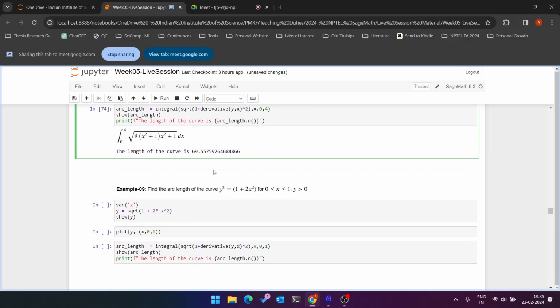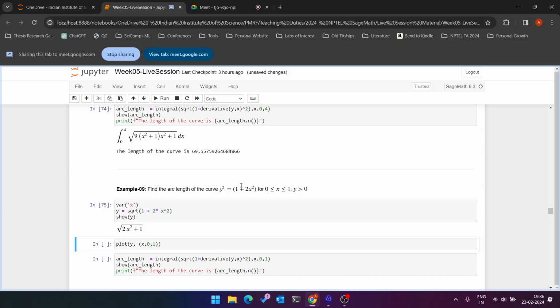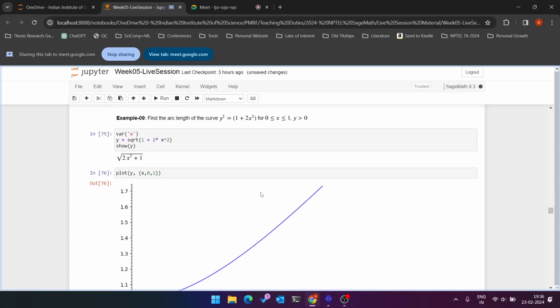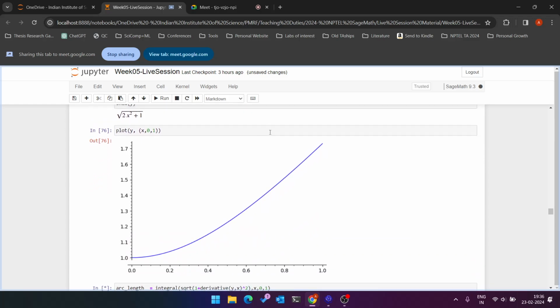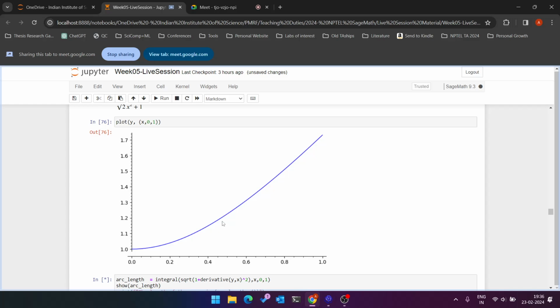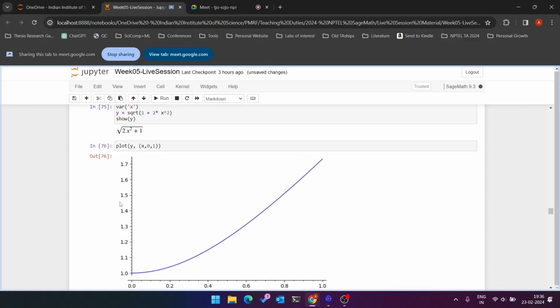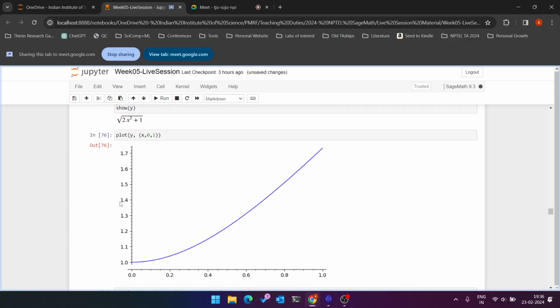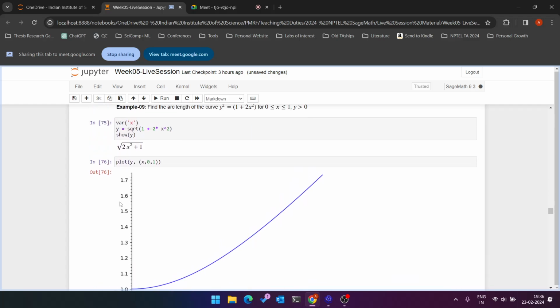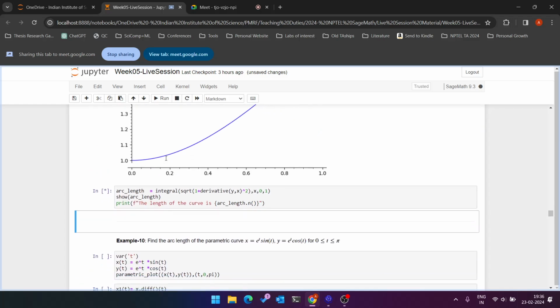Another example on arc length, y square is equal to 1 plus 2x whole square, and we have been told that we want to select y which is greater than 0. So my y basically becomes square root of 1 plus 2x square. If I plot y of x between the domain x belonging to 0 and 1, that's how it looks like. At x equal to 0, y is 1, whereas at x equal to 1, y becomes root of 3.